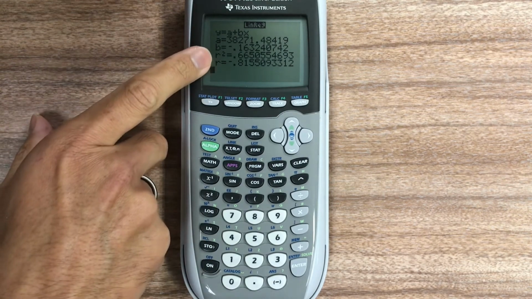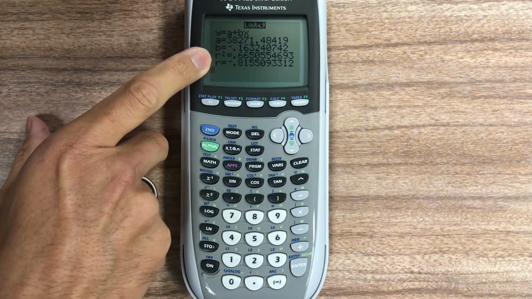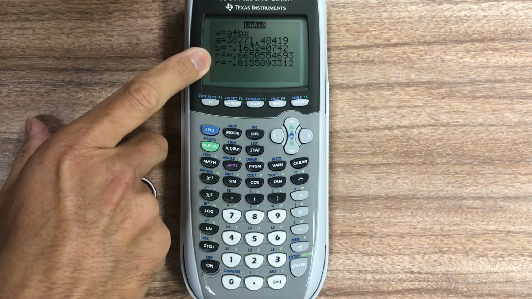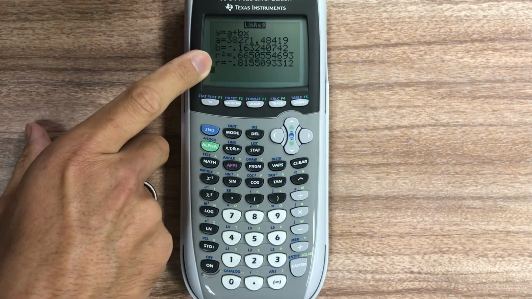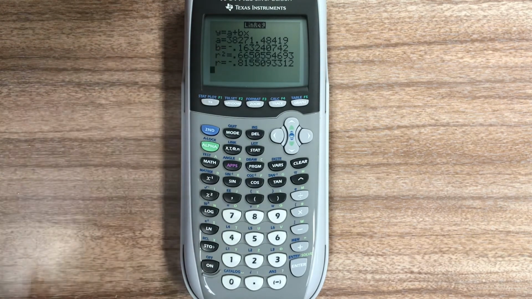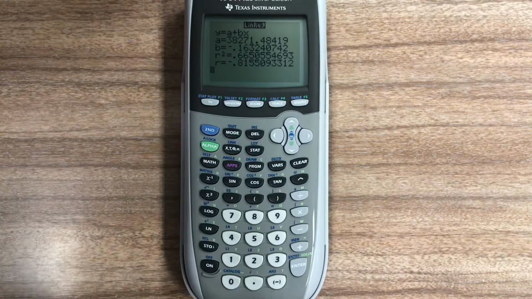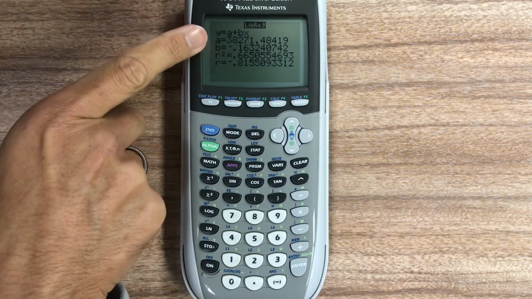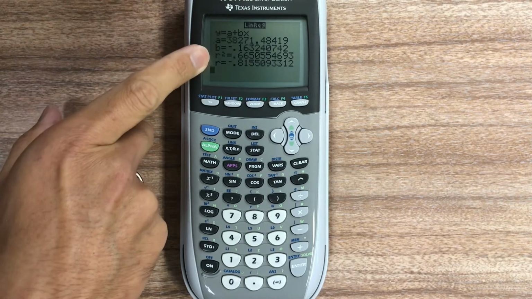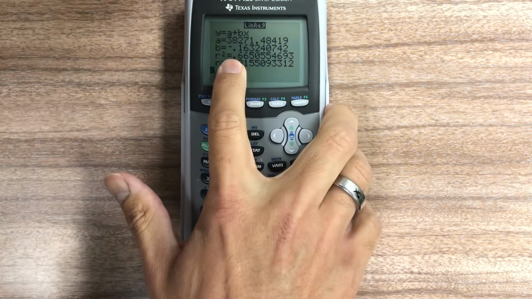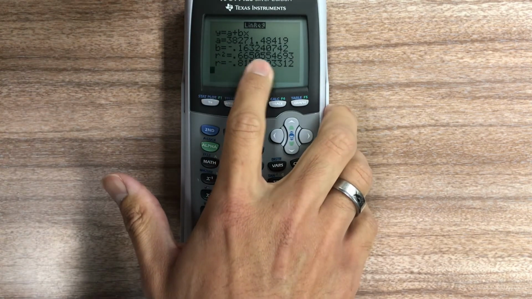Now let's talk about R squared. R squared is the coefficient of determination. R squared tells you how much of the data can be explained by the least squares regression line. So when you look at R squared, here we have 0.66505.